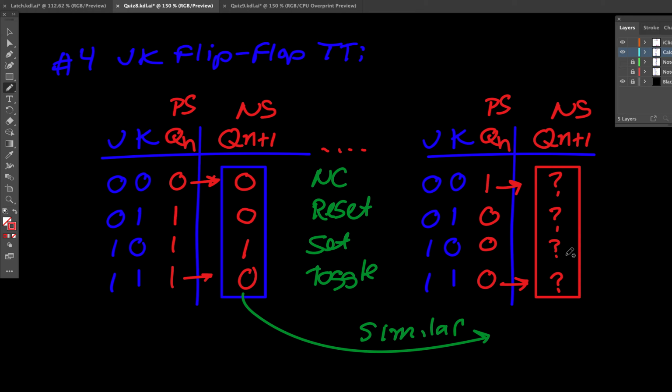Go ahead and answer this question. While you're doing this, I'm going to ask a second one, so I will give you some hints on this one in case you're lost. What you do here is you fill in the reset and set, which are these values, and then you toggle this value and you no change this value.